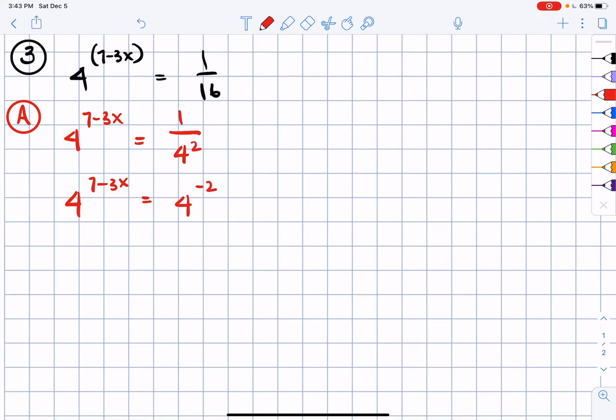So since the two bases are the same, then I have 7 minus 3x is equal to negative 2. Negative 3x is equal to negative 9, so x is going to equal 3. And that, ladies and gentlemen, would be choice C.